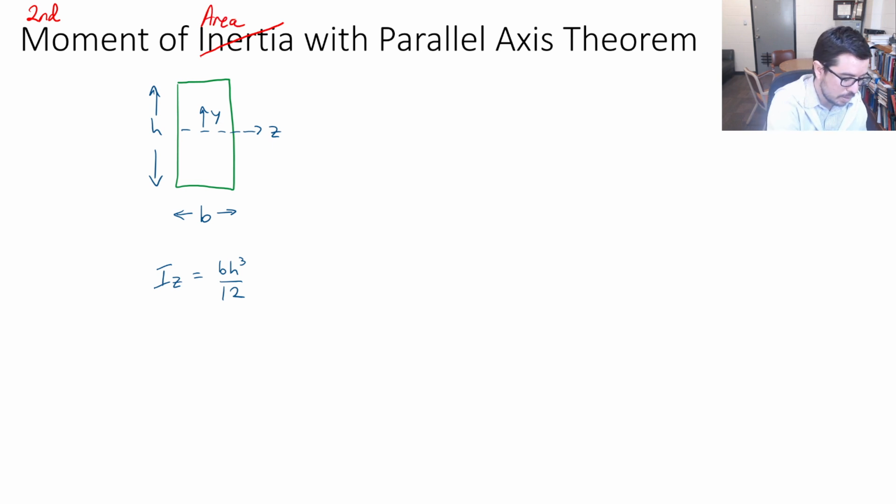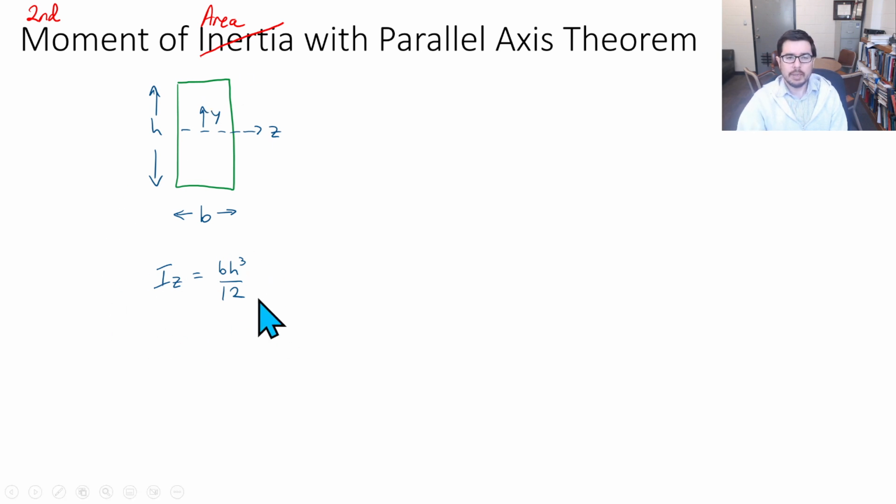There's not a mass, and we use polar moment of inertia when we're dealing with resistance to spinning about an axis. We do use the term moment of area or second moment of area here when we're dealing with beams.